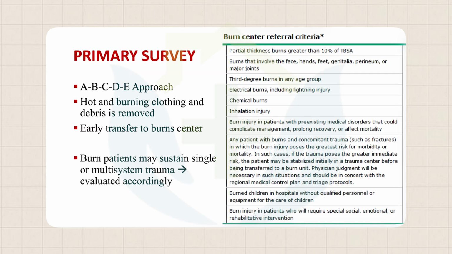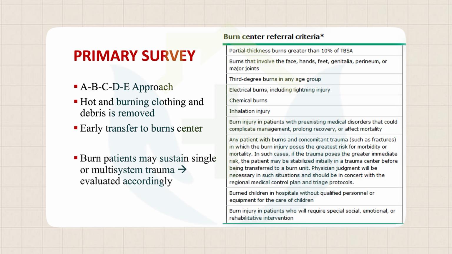Again, continuing from the primary survey, the ABCD approach, these are already said. Now, particularly there is a criteria which tells us which patients should be referred to a burn center. If you get a burn patient, your first duty is to stabilize and refer, if you're not dealing in a burn setup.